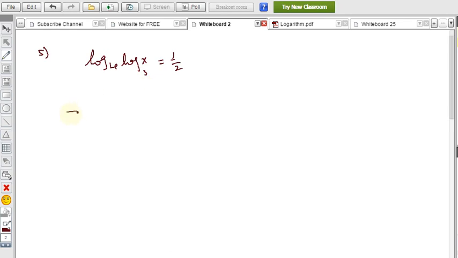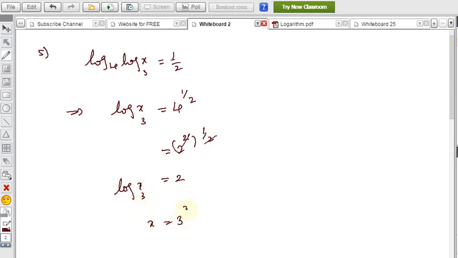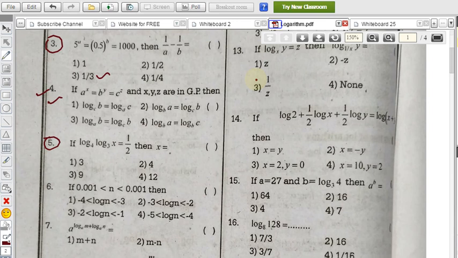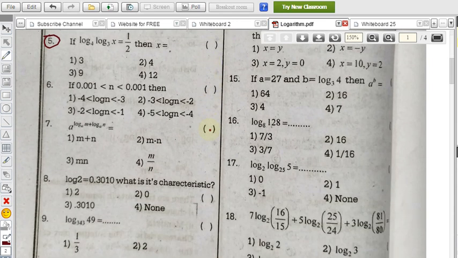So if you make this value, log x to the base 3 is equals to 4 to the power 1 by 2. So 4 to the power 1 by 2 is 2 square power 1 by 2, the 2 gets cancelled, that is 2. Log x to the base 3 is equals to 2, then x is equals to 3 power 2, so 3 power 2 is equals to 9. So the properties I am applying here, nothing more.